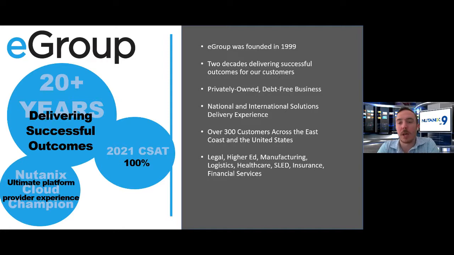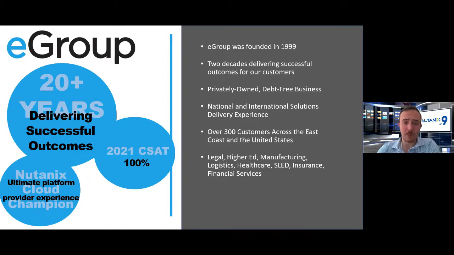We've got probably closer to 400 customers now across the East Coast in the United States, and we work in a number of different spaces. Usually if you are focused on compliance, on automation, on resiliency and security, we're going to have a tool in our toolkit for you, and Nutanix is often a part of that conversation. So if you have any questions on Egroup, please feel free to throw them in the chat as well. It doesn't have to be just Files specific today, but happy to answer any questions there.